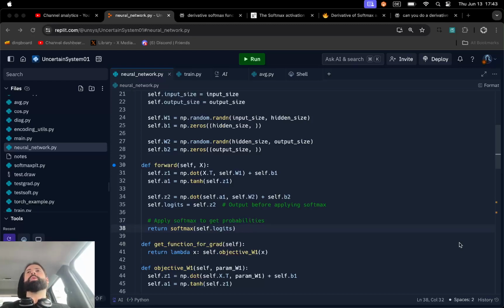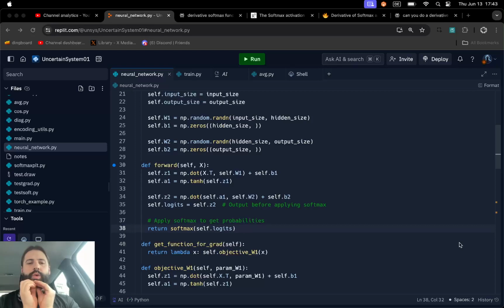Now, of course, there are going to be things in the shape of a function that can be problematic when it comes to calculating the derivative, right? And here's one such thing.